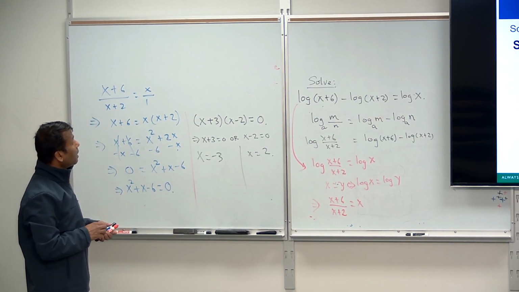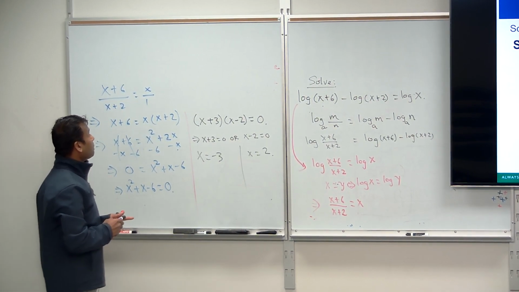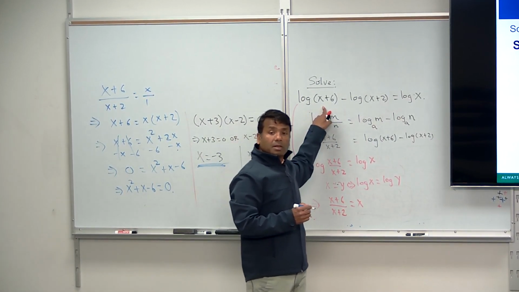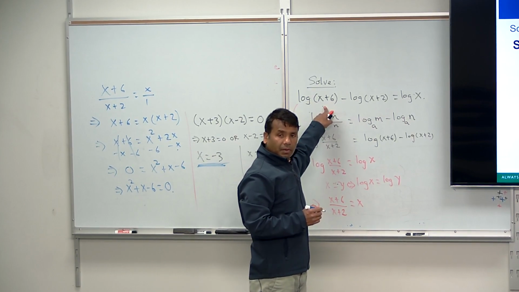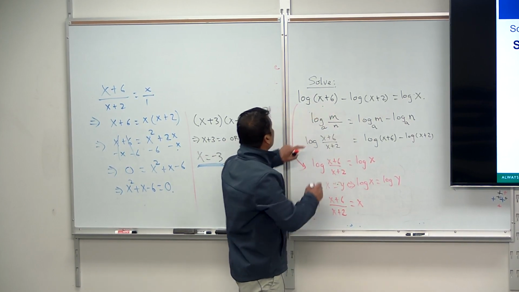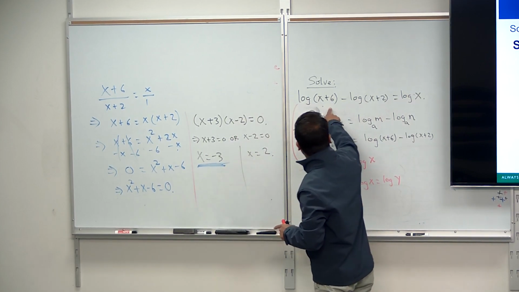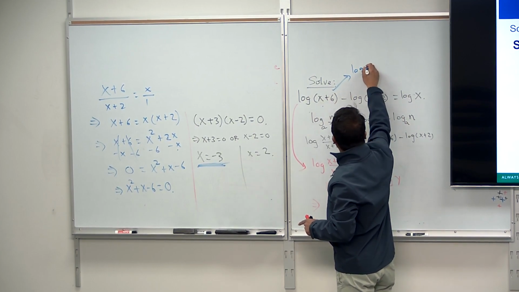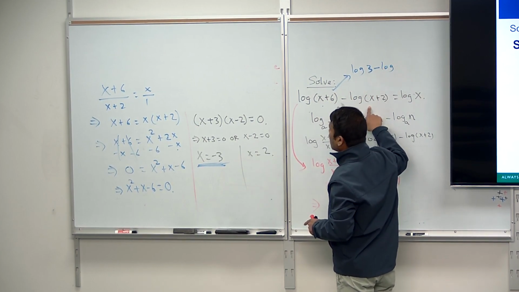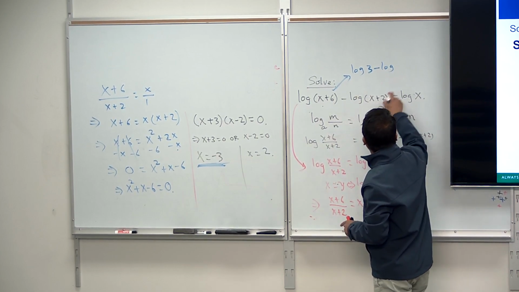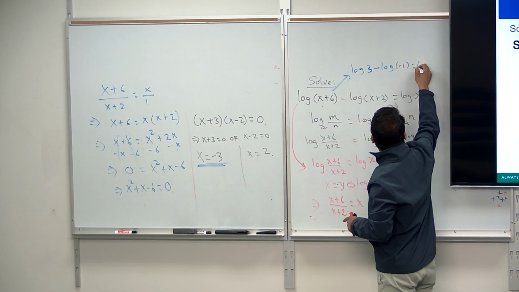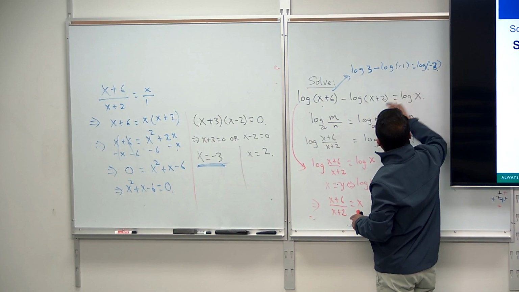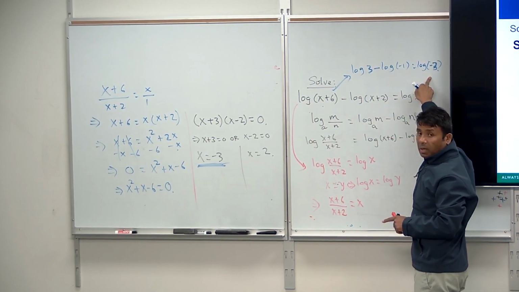But you got to be very, very careful here, okay? If you plug in the value of x equal to negative 3 in the original equation, look here. You have log of 6 minus 3, which is 3, minus log of negative 3 plus 2, which is negative 1. Is that right? Equal to log of negative 3. So log of negative 1 and log of negative 3.